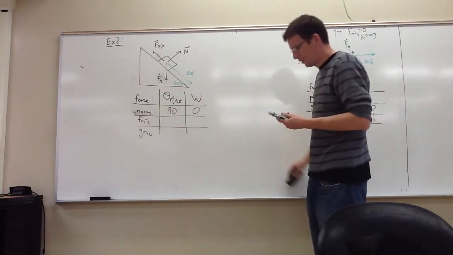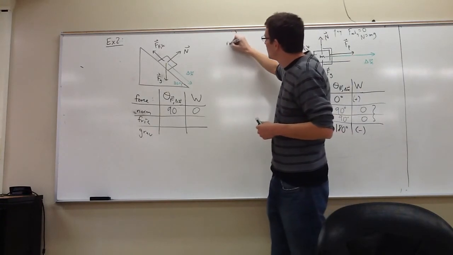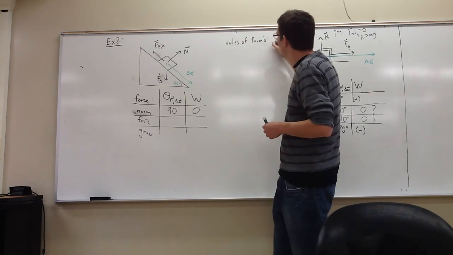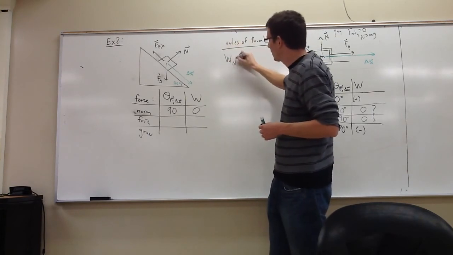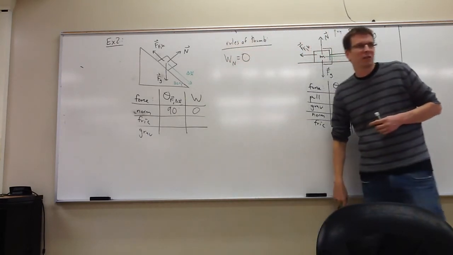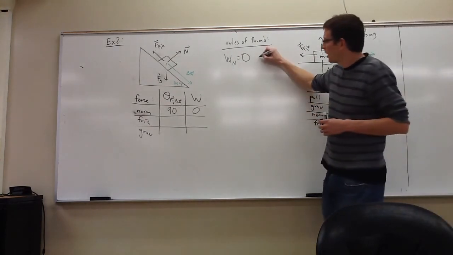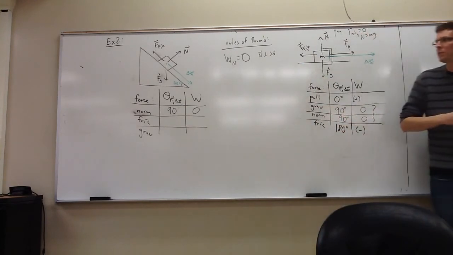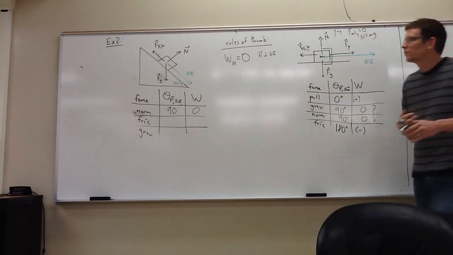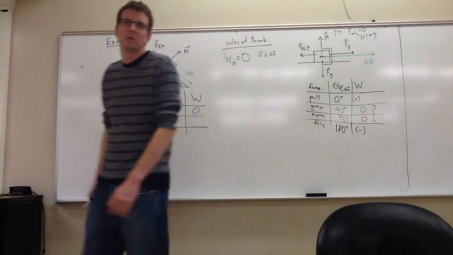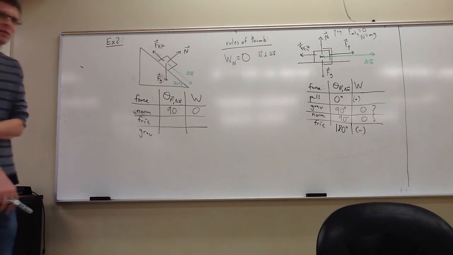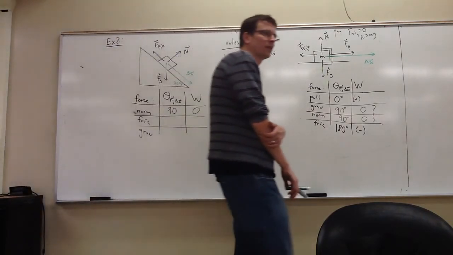So let's write down some rules of thumb. We seem to have discovered a common thread that the work done by the normal force is 0. And it's because the normal force tends to be perpendicular to the motion. That's something you can count on. Now, it's not that the normal force can never do work.